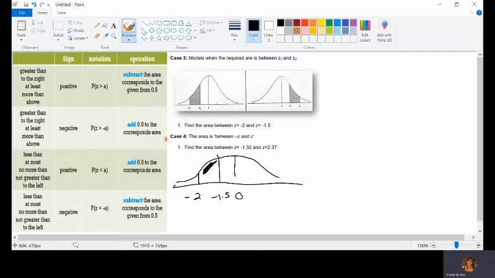So we're going to find the area between -2 and -1.5. So to find it, the area that corresponds to -2 using our Z table is 0.4772. And the area that corresponds to -1.5 using again our Z table is 0.4332.